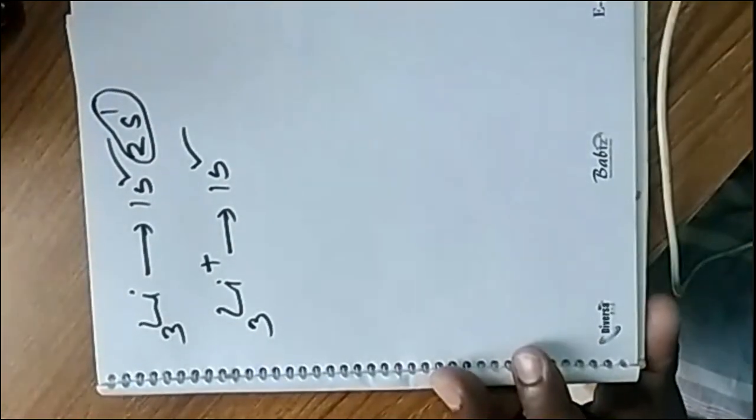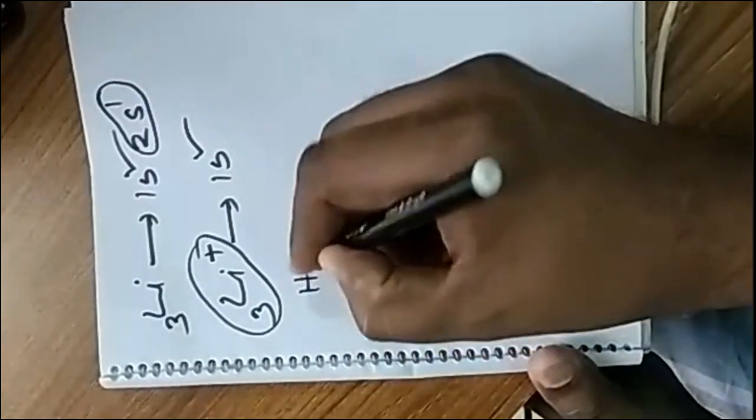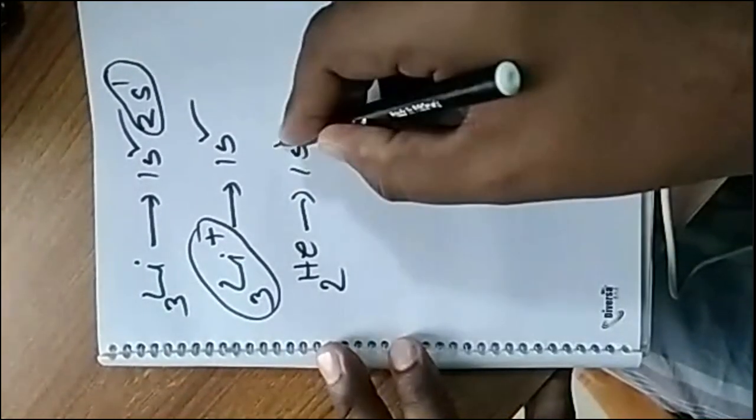So this is lithium 1 plus; 1 minus 1 is 2 electrons. In this case, lithium is a positively charged ion. That means lithium is a cation here. So by this way, it will achieve the electronic configuration of helium, because the atomic number of helium is 2. Its electronic configuration is 1s2.